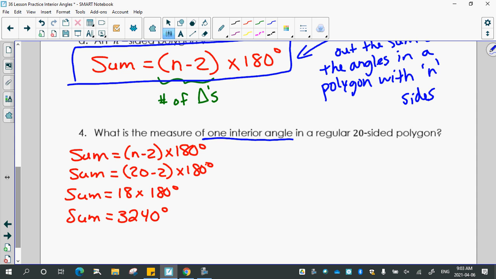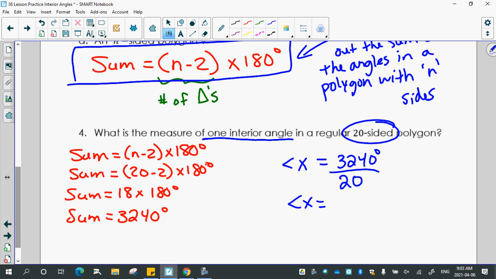How did you get this one angle? William? Divide by 18. There's 20 angles, so what would you divide by? 20. Okay, so you would call the angle x. Angle x is going to be 3,240 degrees divided by the 20 angles. 18 is a common error, so if you've done it once, you'll remember not to do it again.